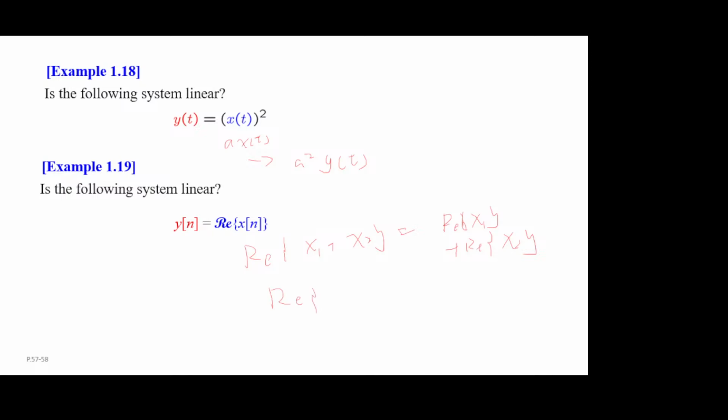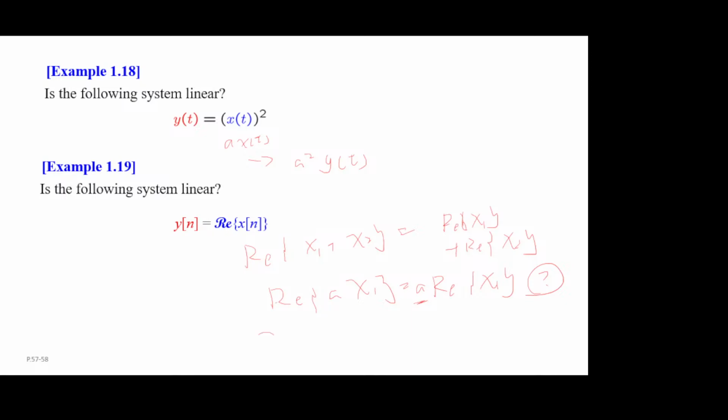But now, is Re of a x1 equal to a Re of x1? This is true if your a is real, but it's actually not true if your a is not real. So yeah, this is a tricky question.